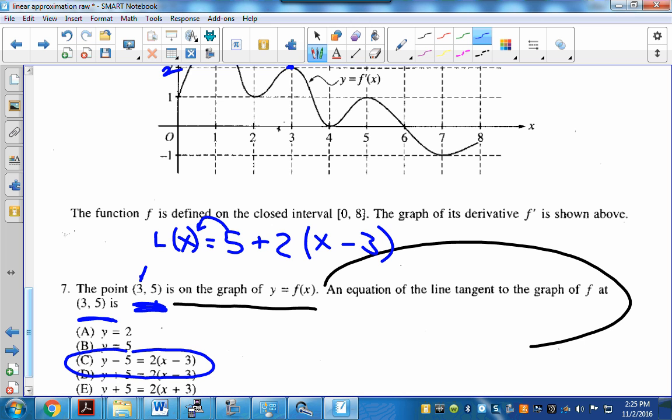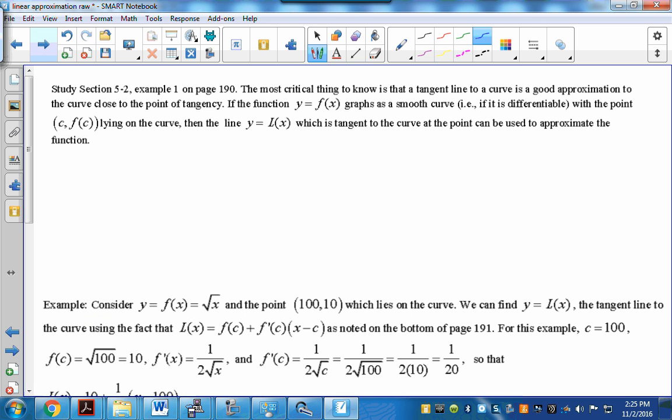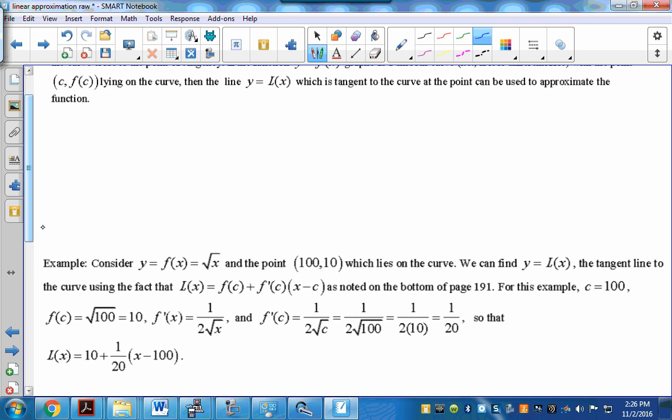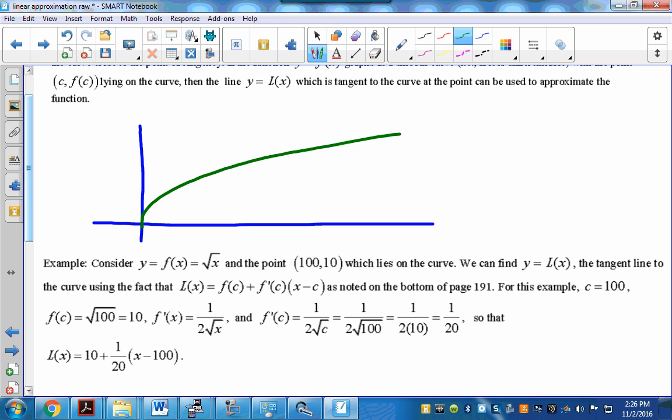Okay, tangent line approximations, lots of applications. I gave you a couple here. This first one had to do with the square root curve and the point (100, 10). I mean, you should realize square root curve looks like that.